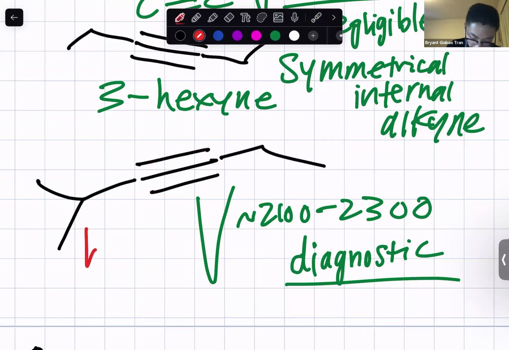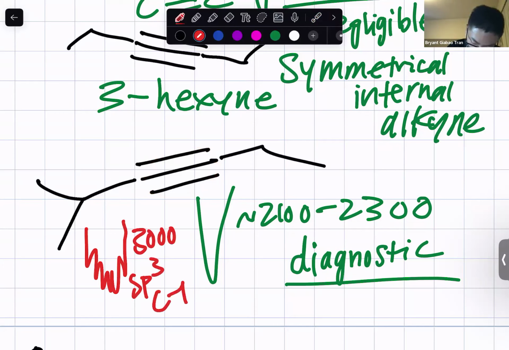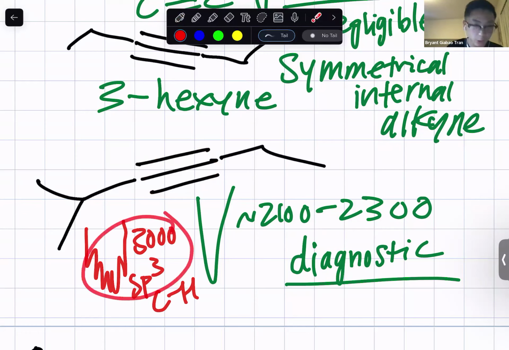The reason why the 3000 sp3 CH sharp peak is not diagnostic is because it doesn't allow us to diagnose what functional group is on the molecule. That is almost always there for every molecule. It's plain and boring. It doesn't tell us what functional group there is.